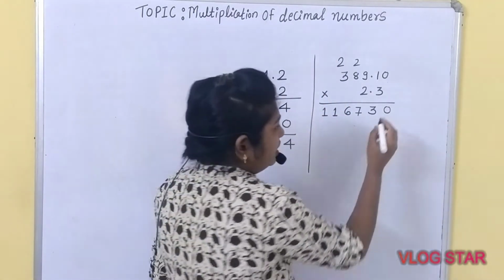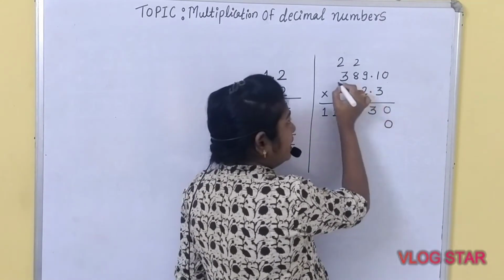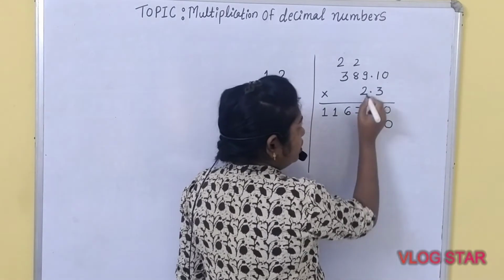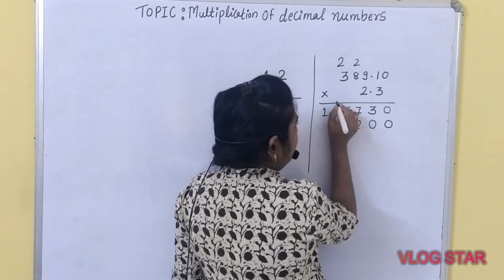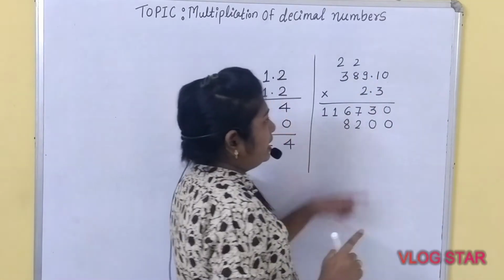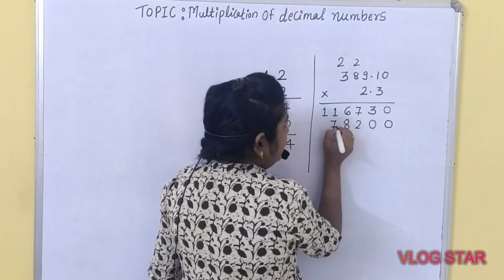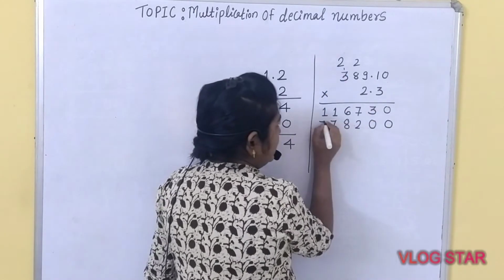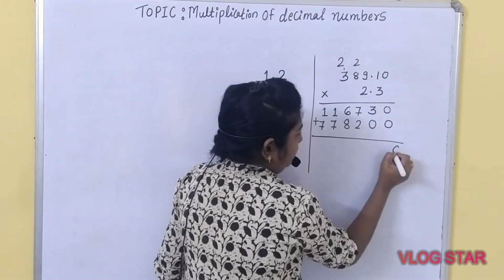Okay, then we need to add here 0, and then you have to multiply the given number by 2. 2 zeros are 0, 2 1s are 2, 9 2s are 18, carry will generate, 1 will be the carry, 8 2s are 16 plus 1 is 17, again carry will generate, 3 2s are 6 plus 1 is 7, and then we have to perform the addition.